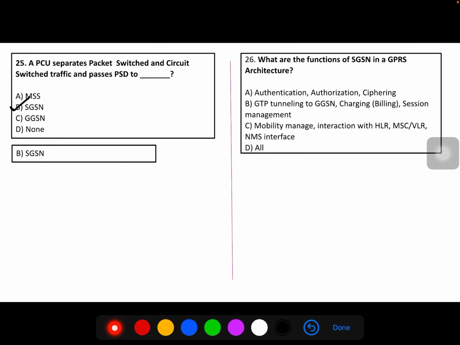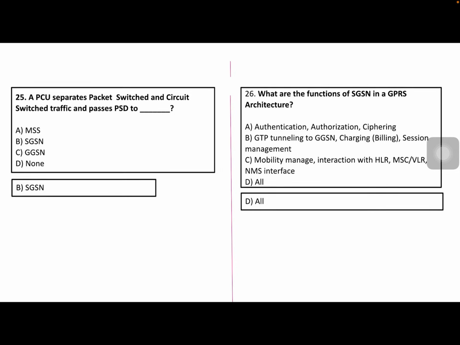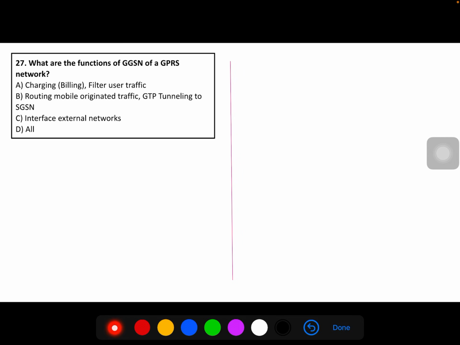Next question. What are the functions of SGSN in a GPRS architecture? Authentication, authorization, ciphering, GTP tunneling to GGSN, charging, session management, mobility management, interaction with HLR, MSC, VLR, NMS interface. So all the features given in parts A, B, and C are functions of SGSN, and hence the correct option is D, all of the above. Next question. What are the functions of GGSN of a GPRS network?